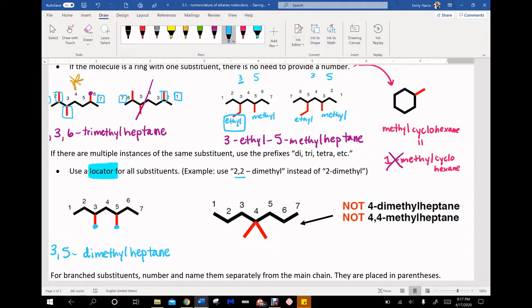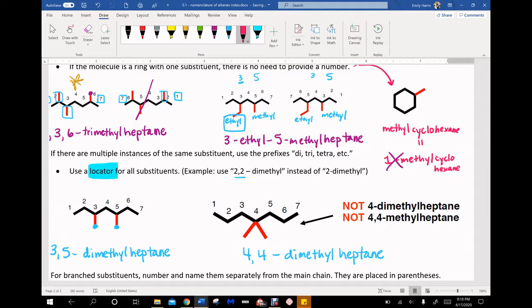Here we have 2 methyl groups attached to the 4th carbon. And so it's pointing out that we'll need to list the 4 twice to account for both methyl groups. So it's 4,4-dimethylheptane. And it's showing a few common mistakes here.